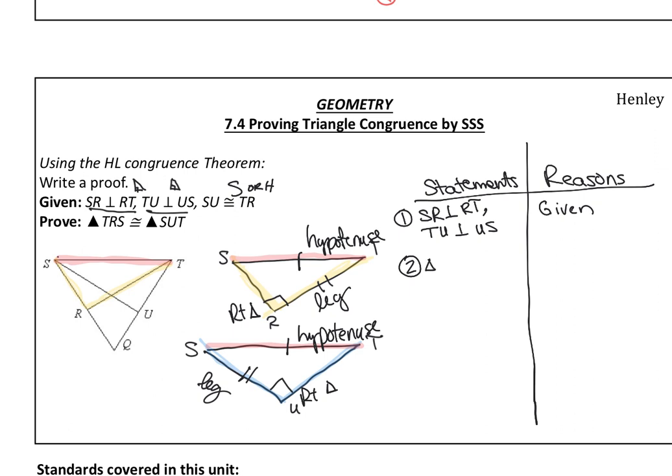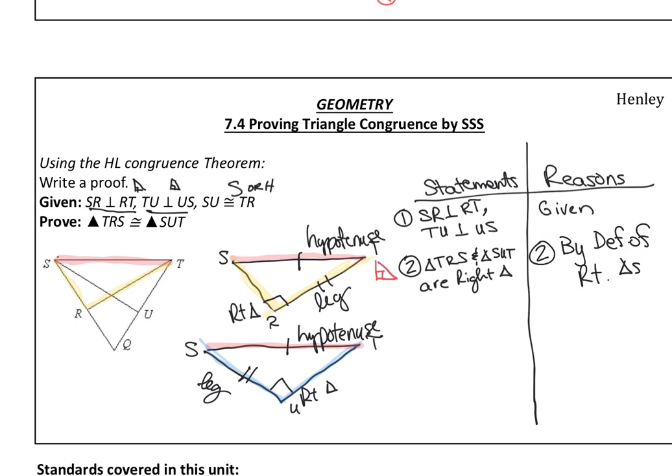So triangle TRS and triangle SUT are right triangles. Now our reason for this one is by definition, we're going to abbreviate, of right triangles. Now this one actually gives us our right triangle that's required for the hypotenuse leg.